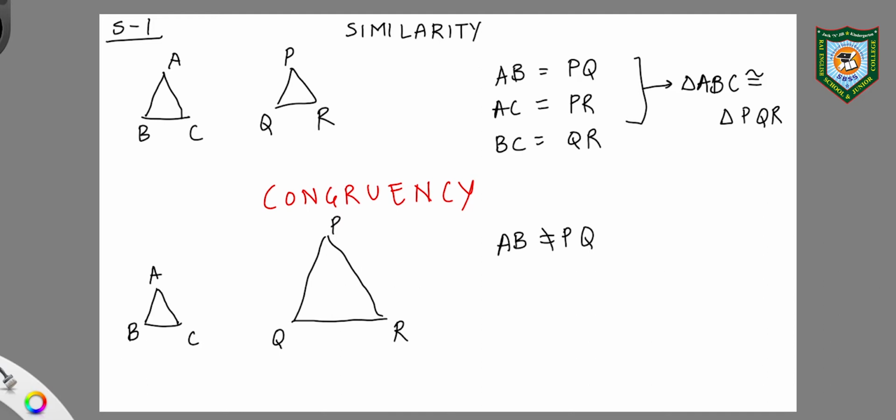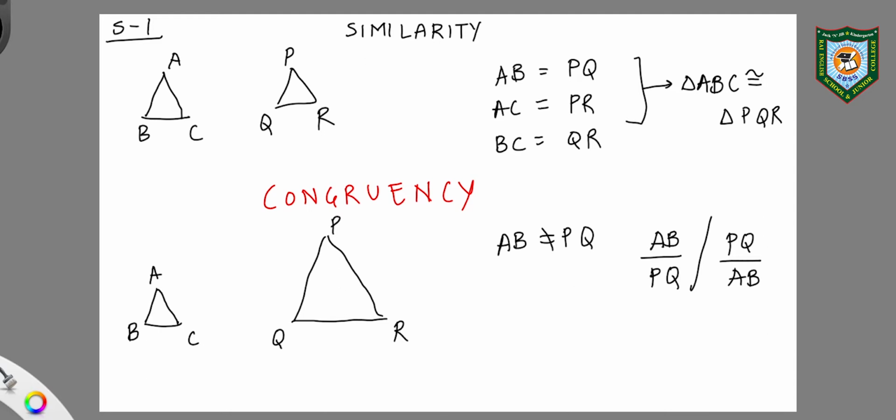But in similarity, what we are concerned with is the ratio of AB upon PQ or the ratio of PQ upon AB. We are not concerned whether the sides are equal or not. All we are concerned about is whether AB upon PQ, the ratio, is equal to all the ratios of the sides of the triangle.